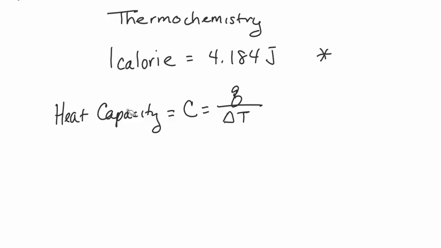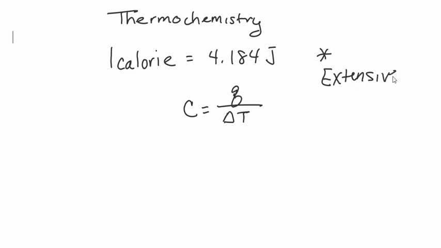So heat capacity, which is C, is equal to the heat, q, divided by the change in temperature. Now, this is determined by the type and the amount of substance that would either absorb or release the heat. This is an extensive property. Remember, an extensive property is proportional to the amount of substance that we have.